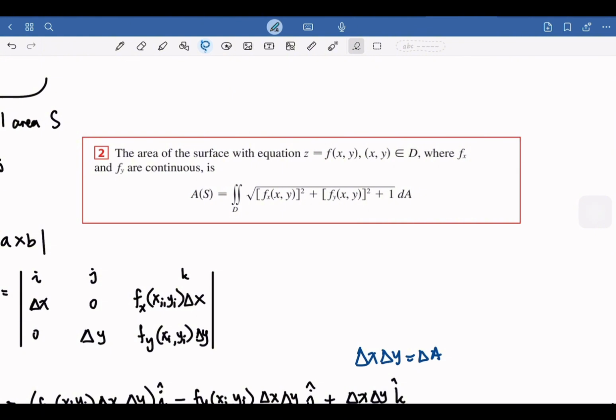Okay, maybe a couple of examples. And pretty much the surface area is like short notes, just taking these equations to compute the surface.